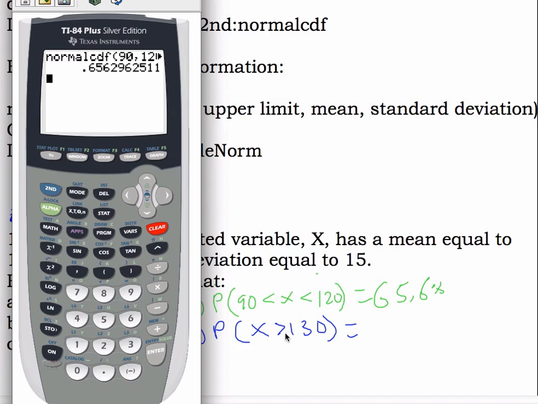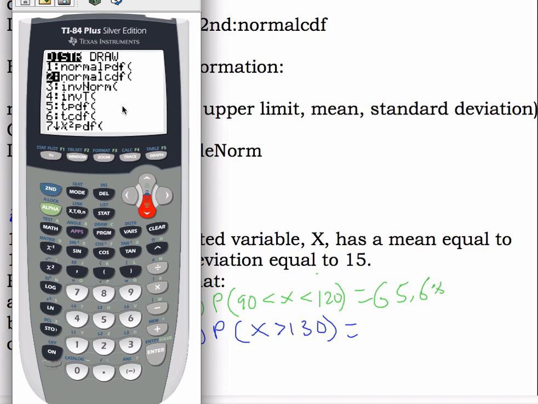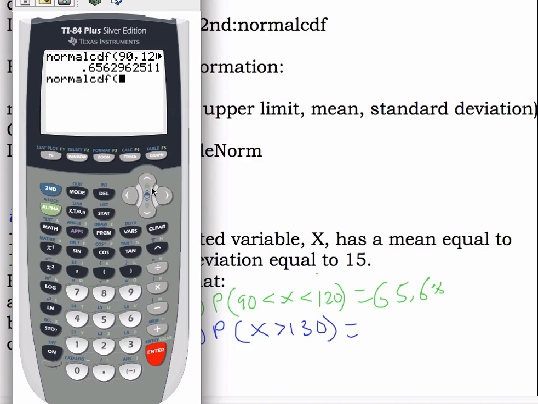Next, to get the probability of greater than 130, we're going to do, again, second function distribution, normal cumulative, and the lower bound is 130, and the upper bound is infinity, so we want to make a really big number here, so let's do like 99 to the power of 99. That's a huge number.